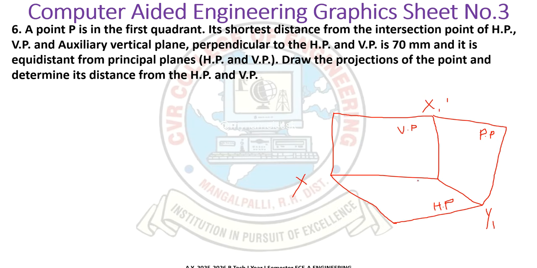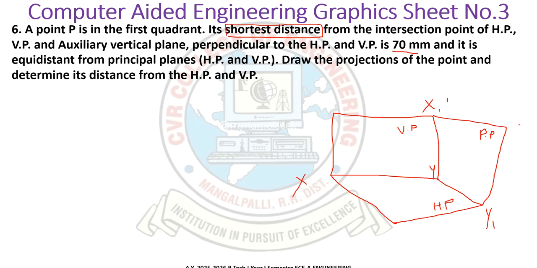So we have XY and we have X1 and Y1, and in the problem they say 70 mm. At the intersection of the vertical plane and horizontal plane, you have the point, and the value is 70 mm. They told us it is equidistant and the shortest distance.